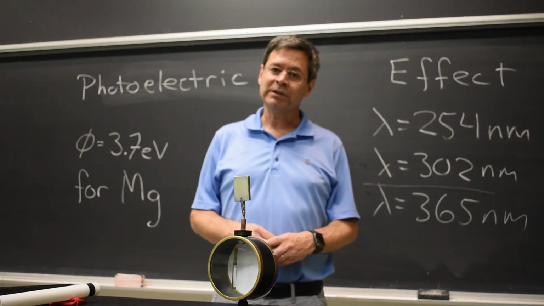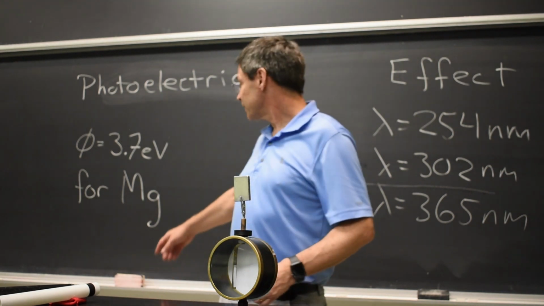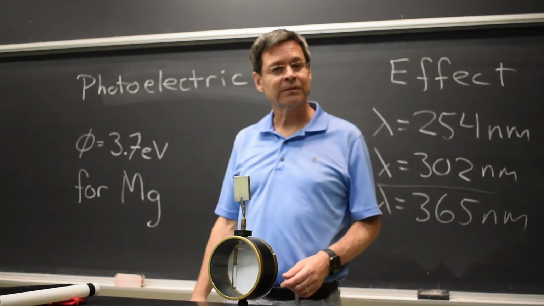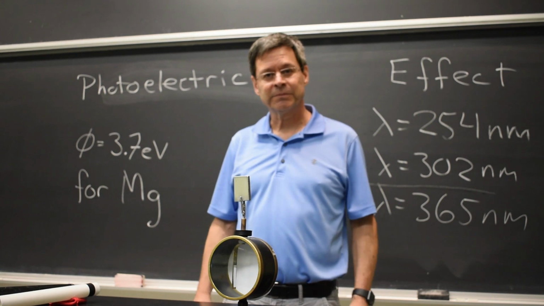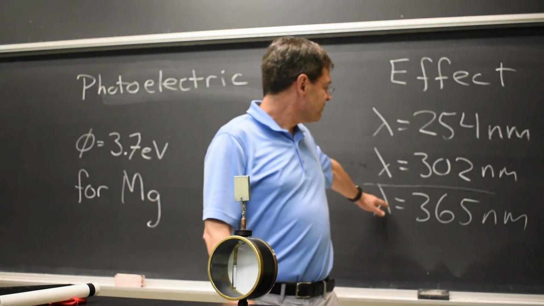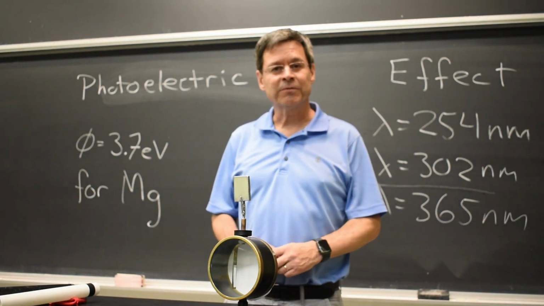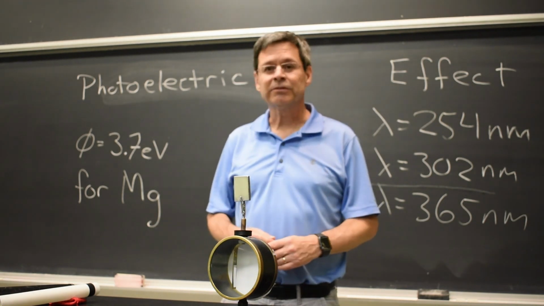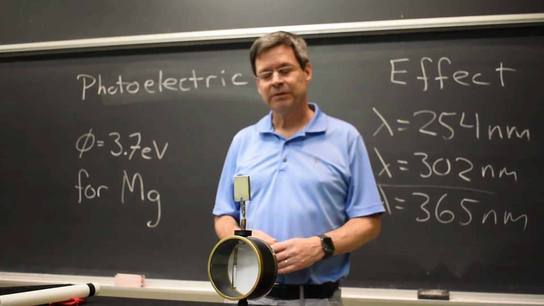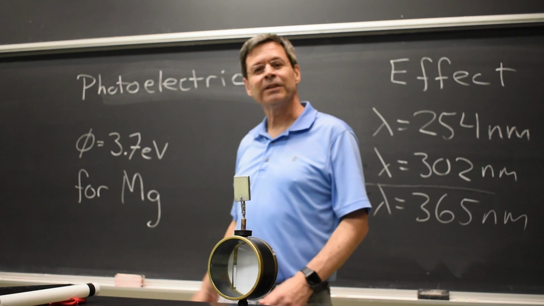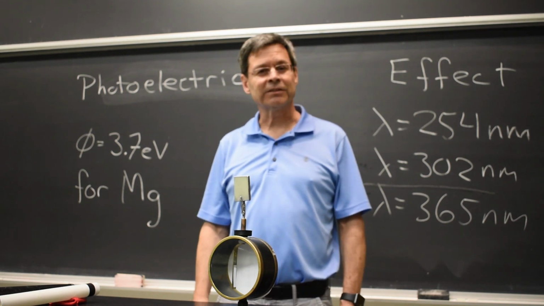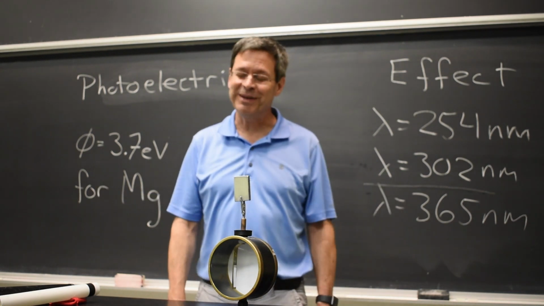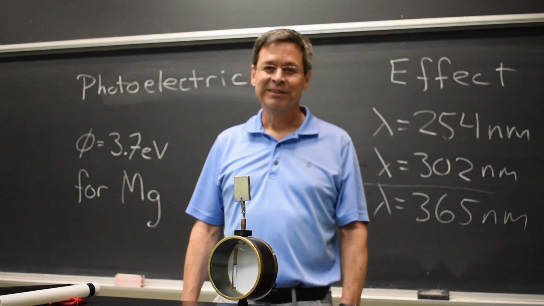It's 4.1 electron volts. Well, that's still above 3.7, so electrons are kicked out. At 365 nanometers, the energy per photon, you can calculate this, is only 3.4 electron volts. Oh, that's less. That is not enough to kick out the electron. You might get them a little bit excited in the metal, but they are not coming out.